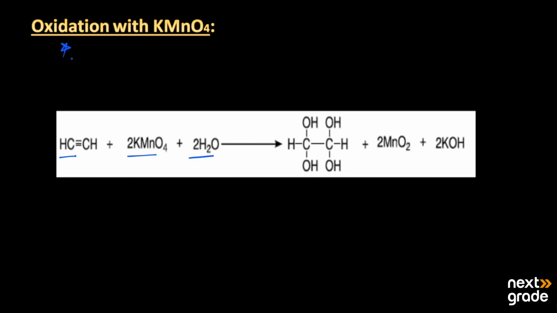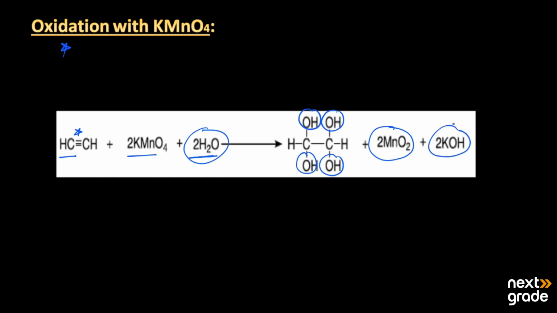When ethyne is oxidized with potassium permanganate, we have two water molecules, so they will produce hydroxyl groups. The main product has four hydroxyl groups attached to the two carbon atoms which had the triple bond, along with the production of manganese dioxide and potassium hydroxide.